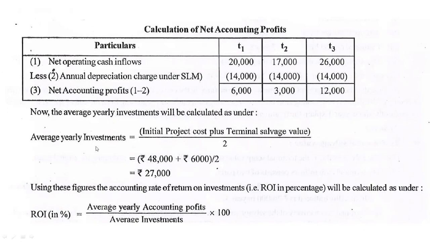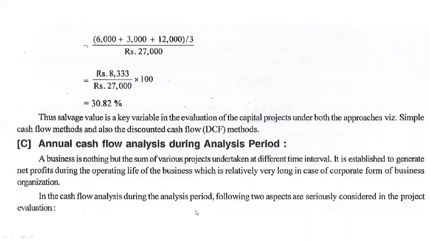Average yearly investment is equal to initial project cost plus terminal salvage value divided by 2, means 48,000 plus 6,000 divided by 2, we get 27,000. So return on investment, ROI, is equal to average yearly accounting profit divided by average investment into 100. So we are getting 30.82%.